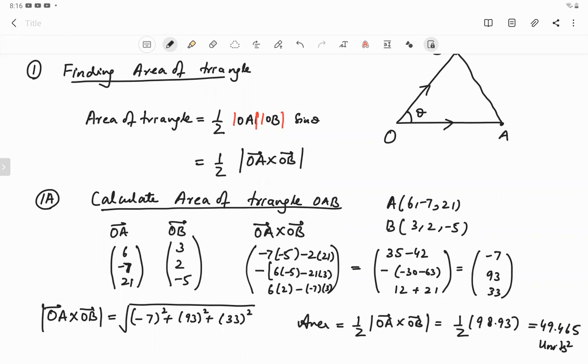This is how we can calculate the area of a triangle. I hope you understand it.